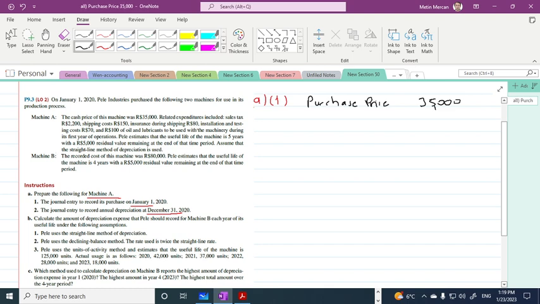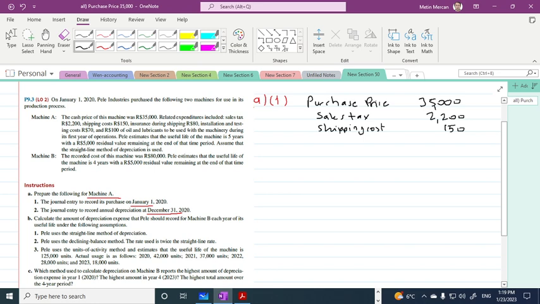Related expenditures included sales tax $2,000 and shipping costs $150. So these are all included. The sales tax that you pay, $2,000, and the shipping cost is also included, because these are all expenditures incurred with the intention of using this for manufacturing.